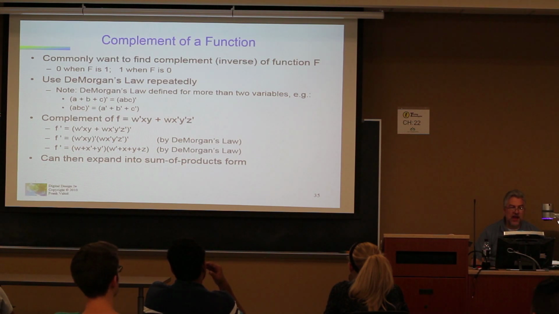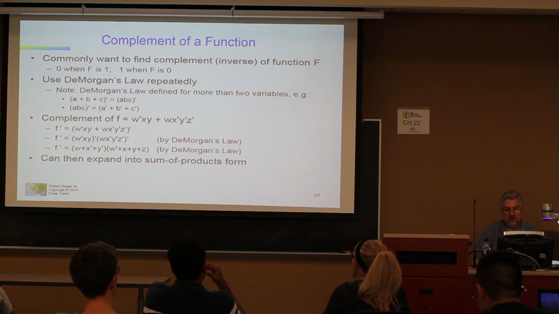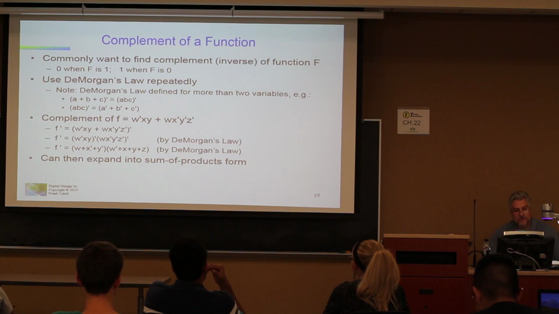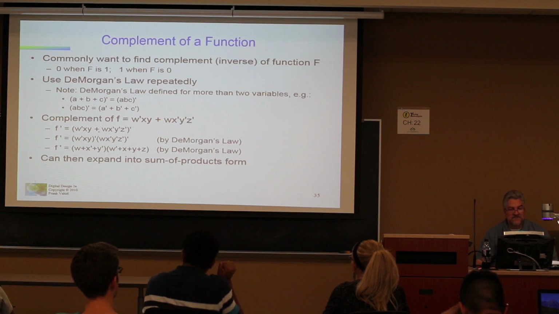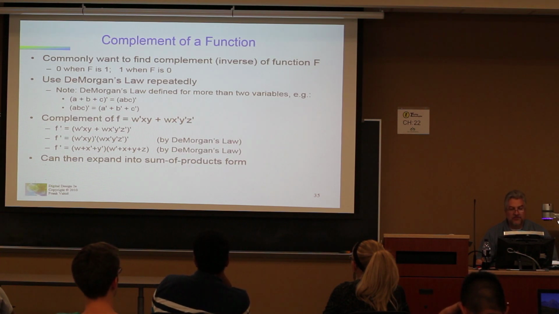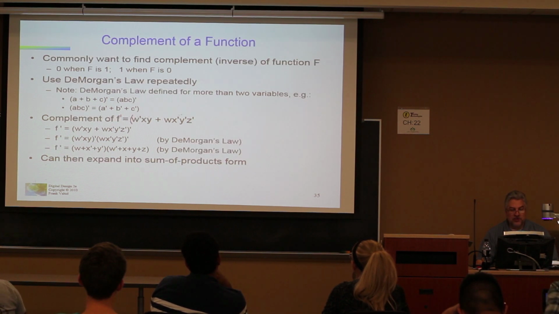We could also have a complement of a function, meaning that if you have f and you want to know what f prime is, then simply all you need to do is contain that in a parenthesis and add the prime as well.